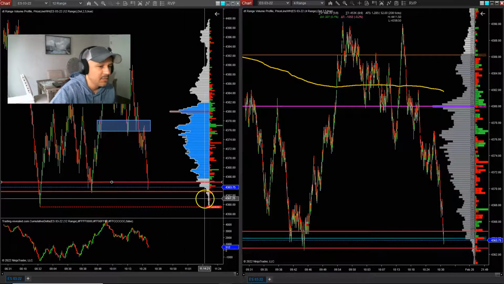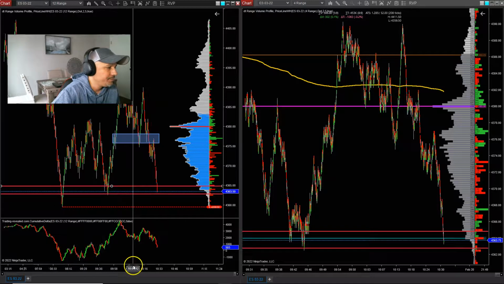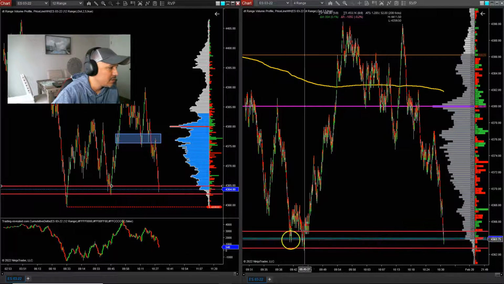Could be coming back down here and test the lows for today. We're at the value area low. You can see it here on the 4 range, excuse me.